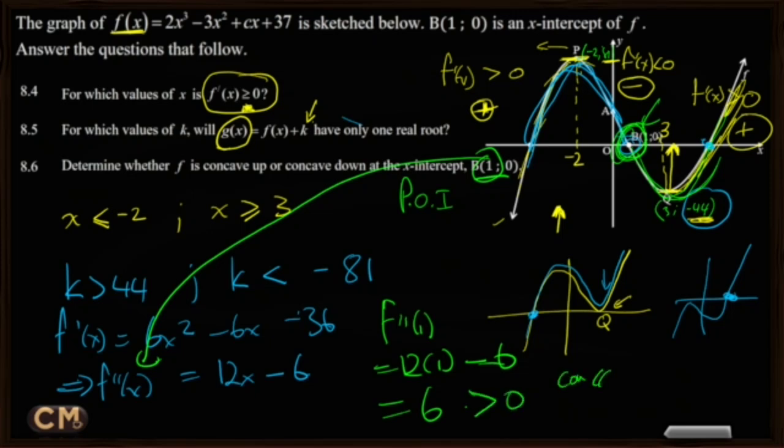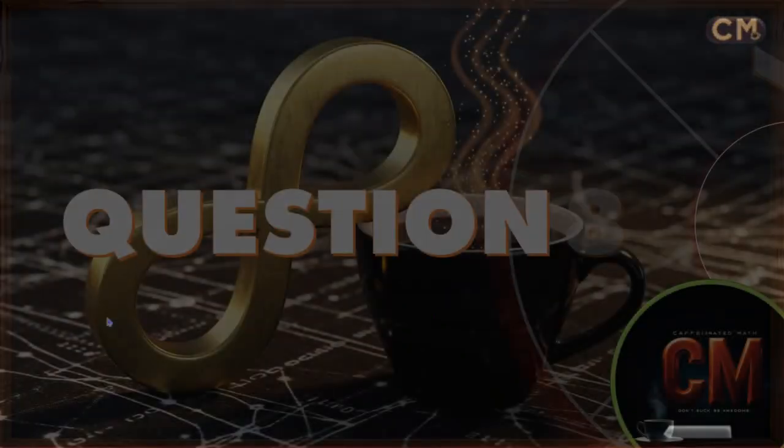So there it is concave up, because the value is positive or greater than 0. Oh, that kills this question. I think it's dead. It died an honorable death.